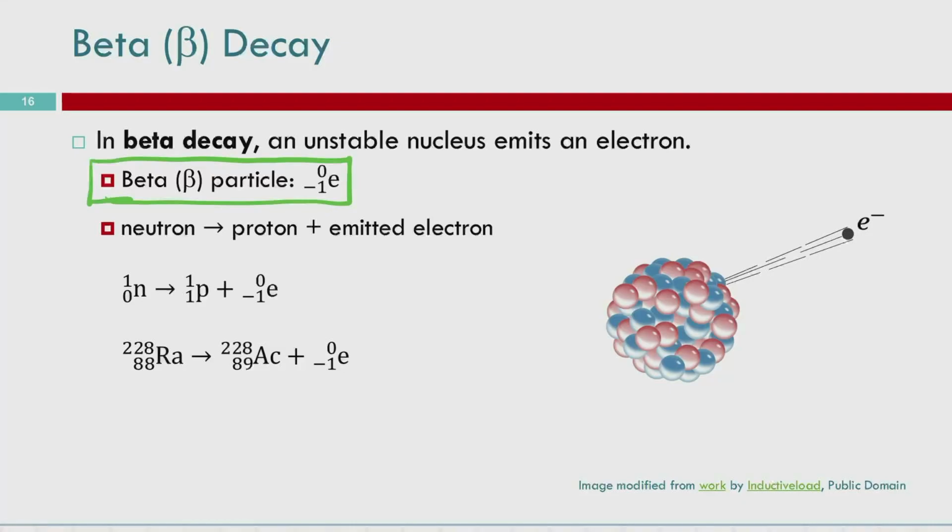So the net result of beta decay is that a neutron turns into a proton and there's an emitted electron. And if this doesn't make sense to you, you can revert back to just make the mass numbers equal, make the atomic numbers equal on both sides. The math works out for this.